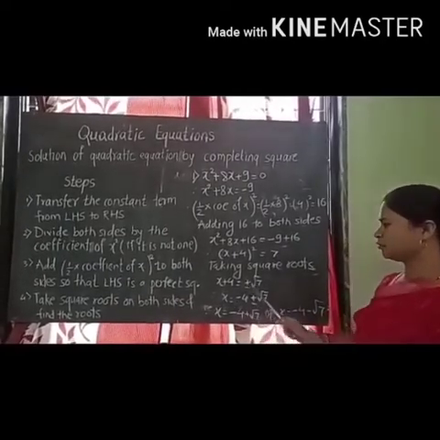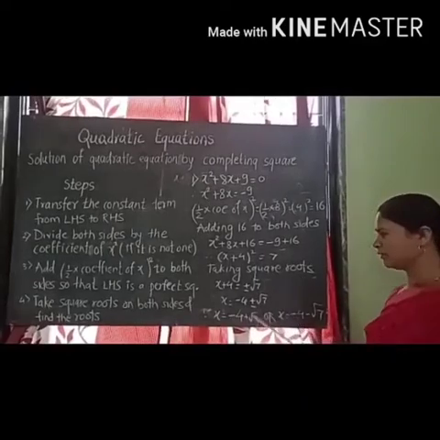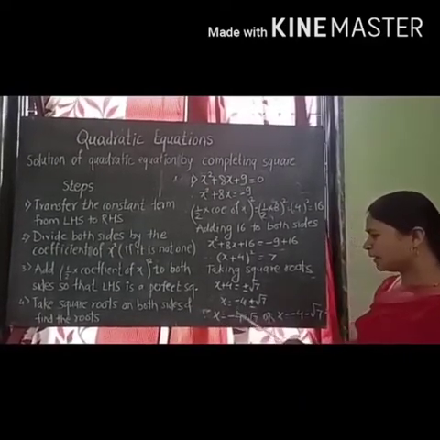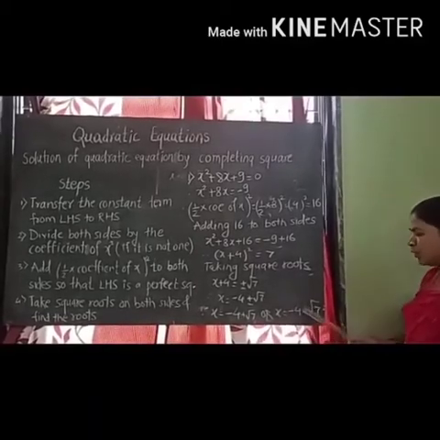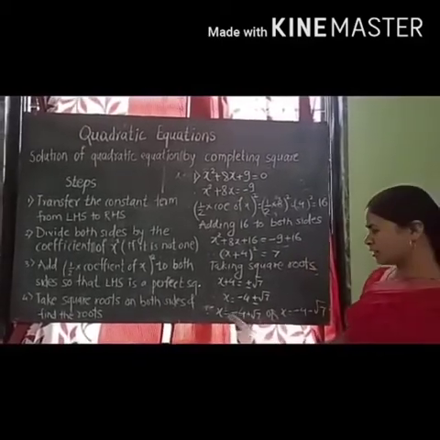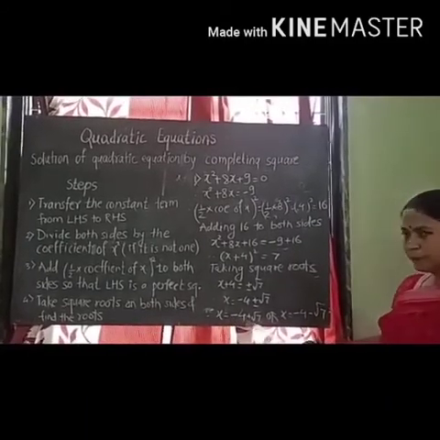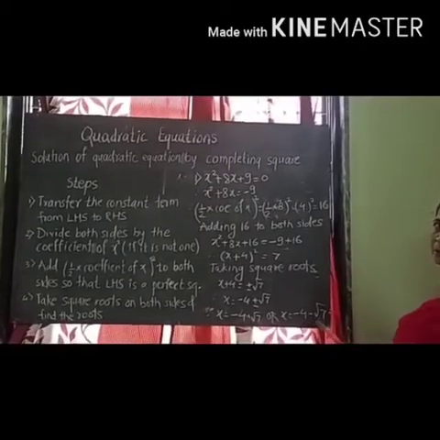Therefore, x is equal to minus 4 plus or minus square root of 7. Hence, x is either minus 4 plus root 7 or minus 4 minus root 7. Hence, the roots of the given quadratic equation are minus 4 plus root 7 and minus 4 minus root 7.